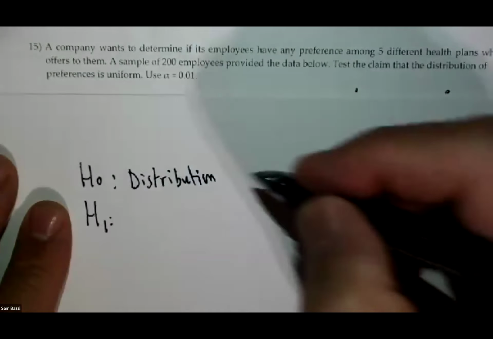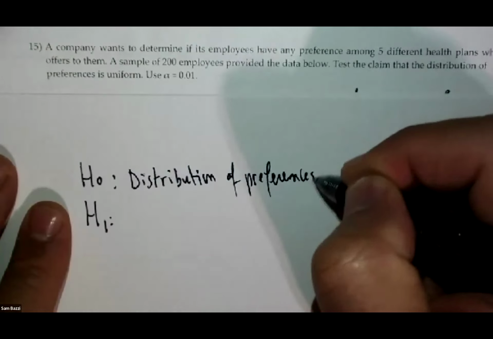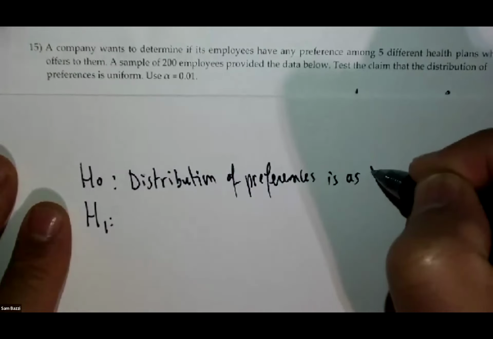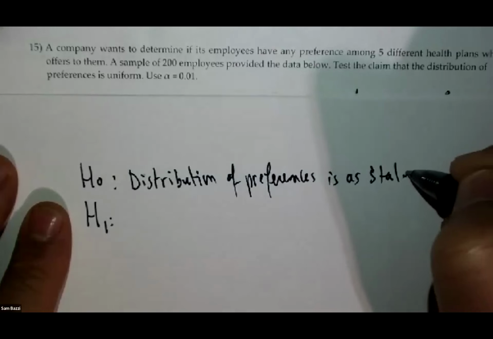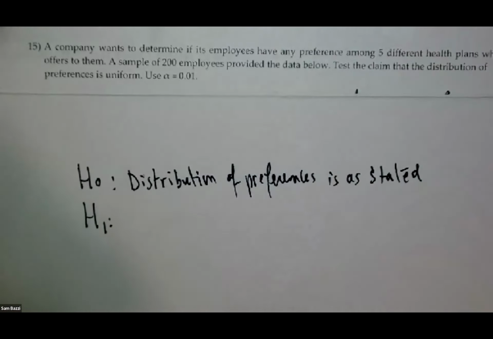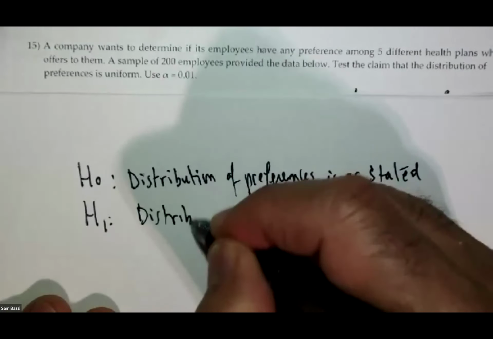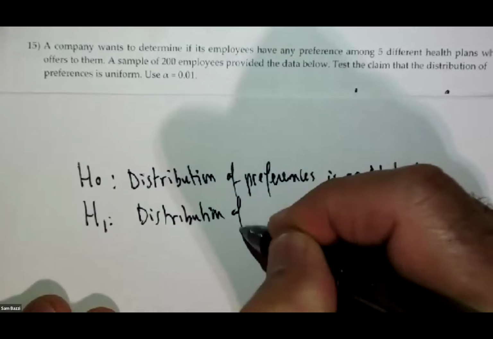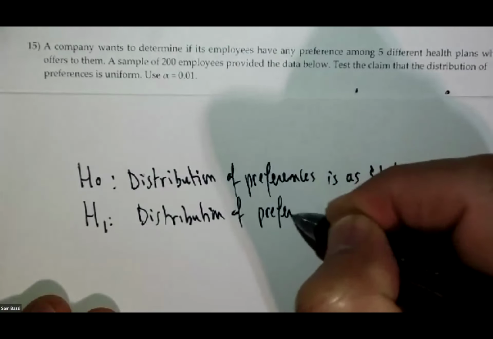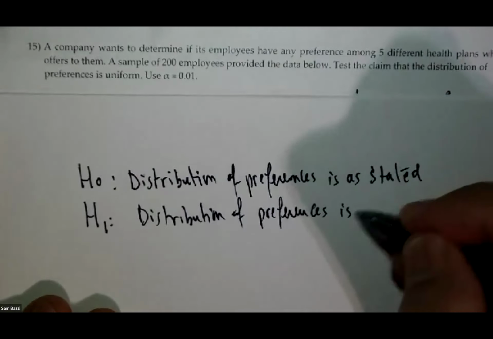So the distribution of preferences of sports equipment is as stated, or as given, or as claimed. You can put any word that would serve this purpose. The H1 will be the distribution of preferences of sports equipment has changed or is not as claimed.